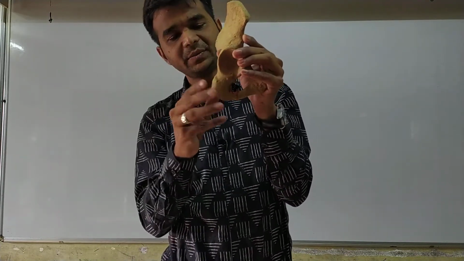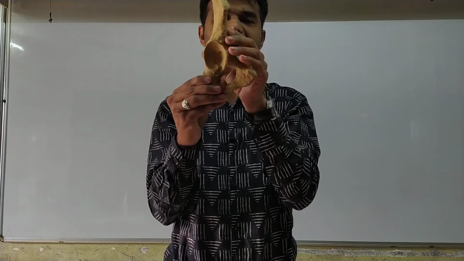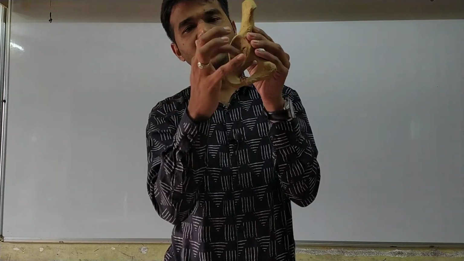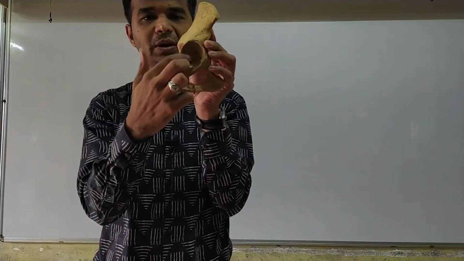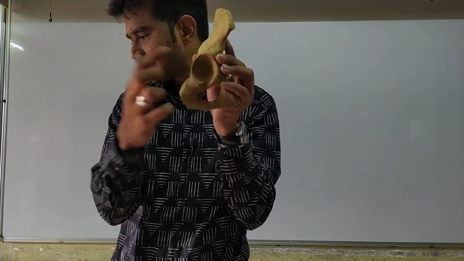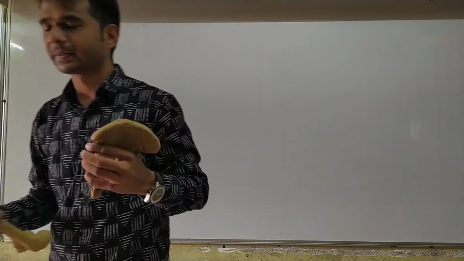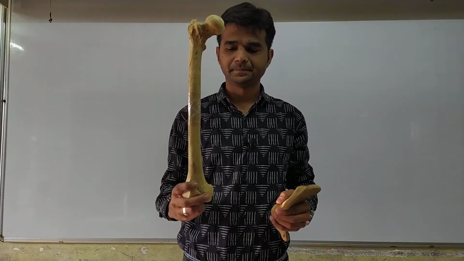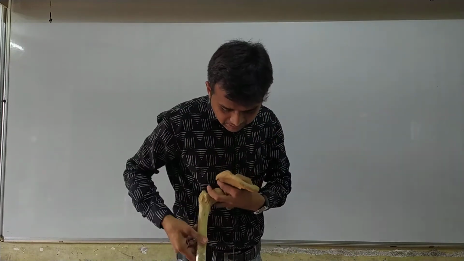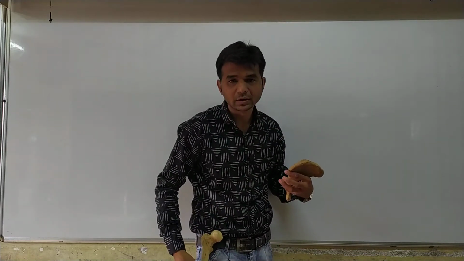Ilium, ischium and pubis are joined together and form one cavity known as the acetabulum. This acetabulum is associated with the longest bone of the body. Fine. And this is actually the thigh bone.